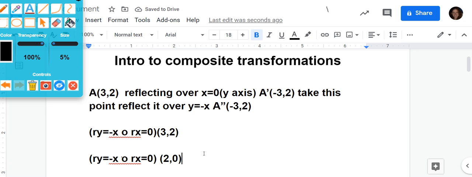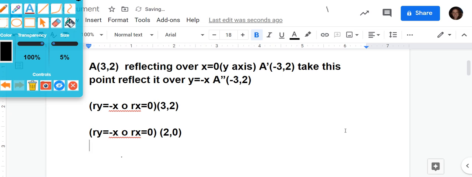Well, we know when we reflect over x equals 0, we change the sign of the first coordinate. So it would become first negative 2, 0. Remember, I'm doing that reflection over x equals 0 first. So the next thing is the reflection over y equals negative x.